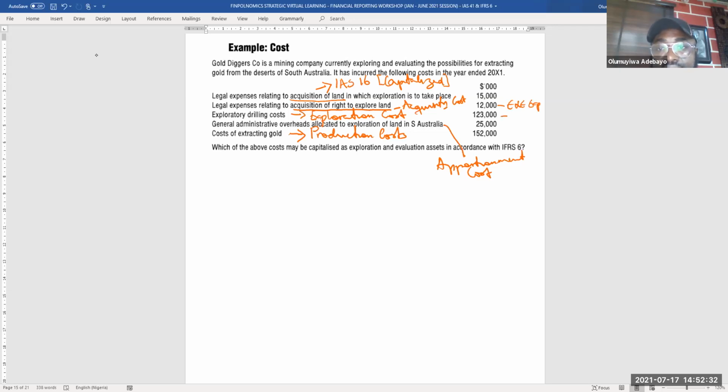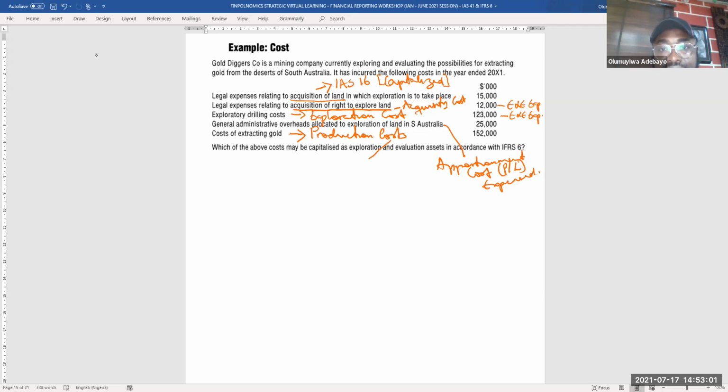Drilling cost is E&E expenditure. General administrative will be expensed to profit or loss. Cost of extracting gold is a production cost, which will be matched with the revenue. And therefore, that will be treated appropriately in line with the way you treat your cost of products.